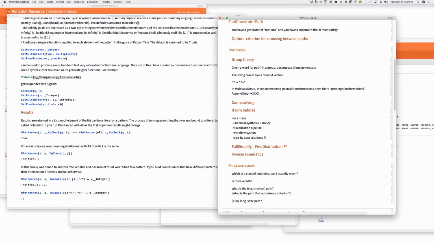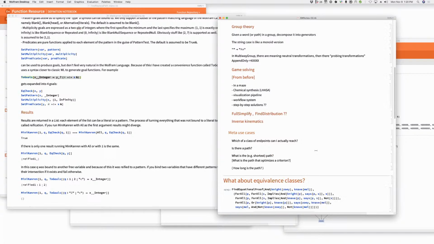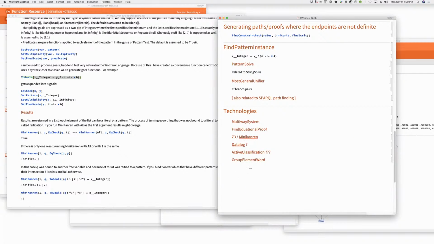Nick says, encode constraints in something similar to geometric scene. Oh, that's interesting. That's another technology we have here, the FindInstance and geometric scene world.